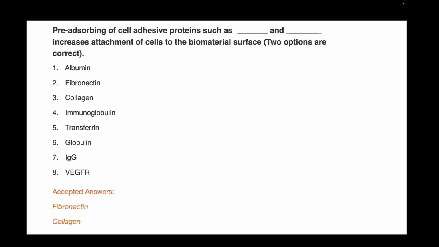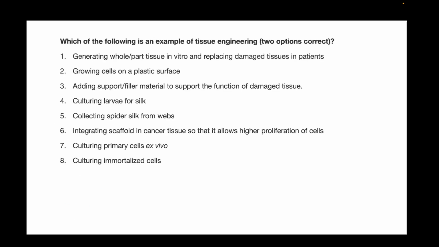So coating or pre-adsorbing these kind of cell adhesive proteins onto your biomaterial surface will help in increasing the attachment of cells. Okay, moving on to the next question.